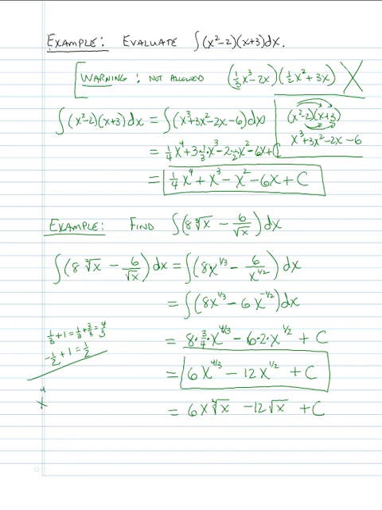X to the 4/3 power means the cube root of x to the 4th. And of course, x to the 4th is x cubed times x to the 1st. And the cube root of x cubed is x, and that's how we get that x on the outside. And that x on the inside, we can't take the cube root of it because the power is too low. But you can see where that x times cube root of x came from.